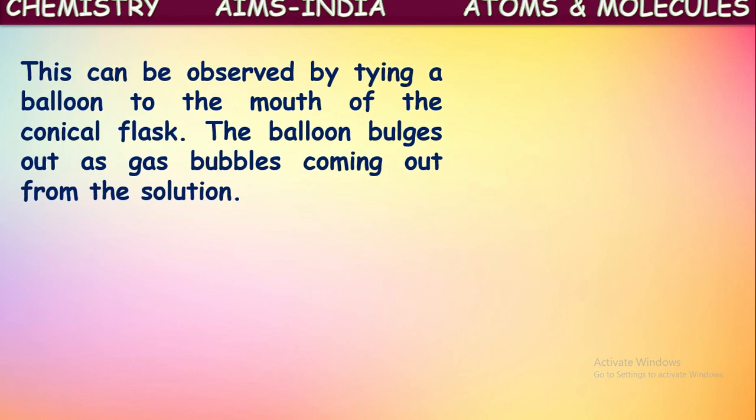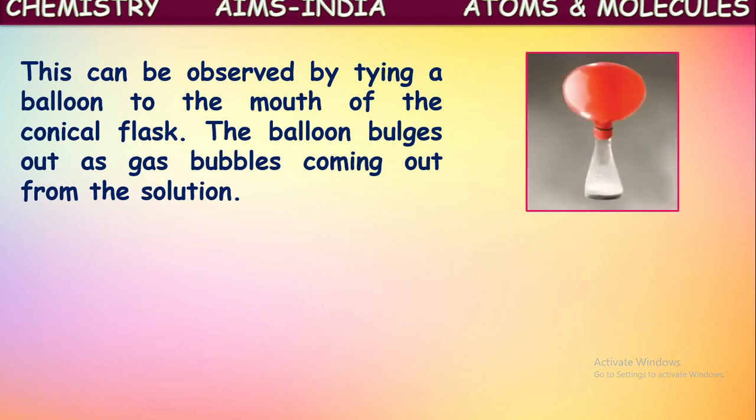So this can be observed. Actually, we are telling that zinc replaces hydrogen and forms zinc salt. So hydrogen gas is liberated. This liberation or evolution of hydrogen gas can be observed by tying a balloon to the conical flask. The balloon bulges out as gas bubbles come out from the solution.